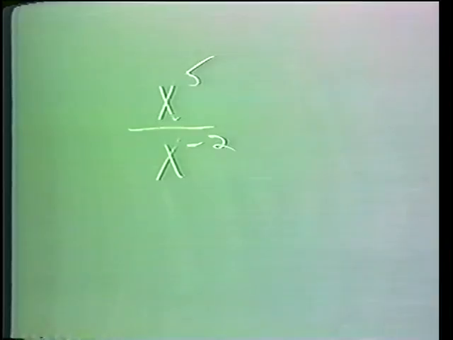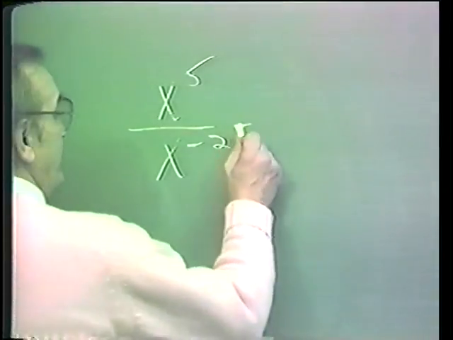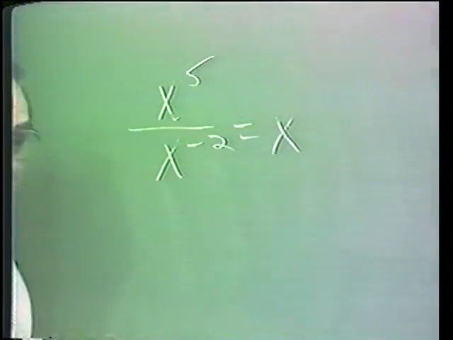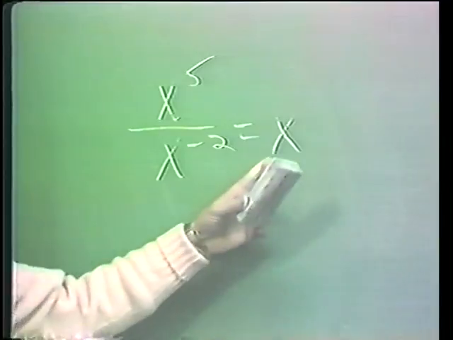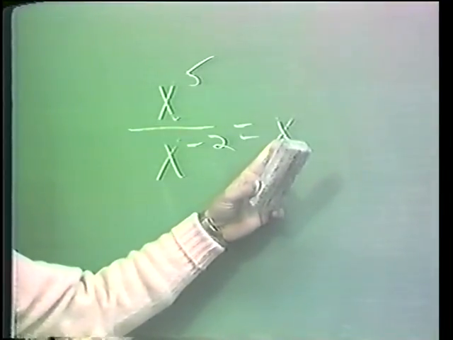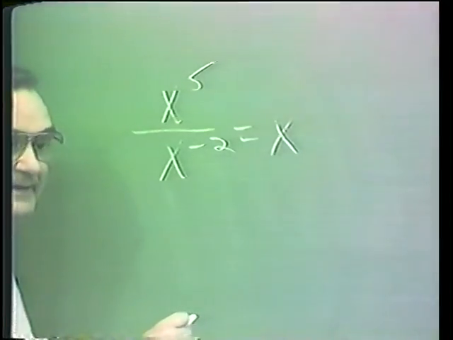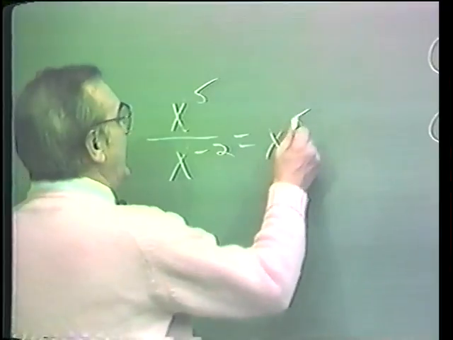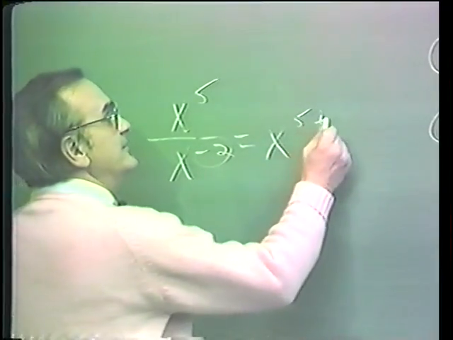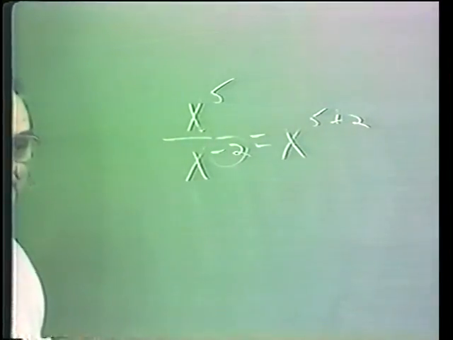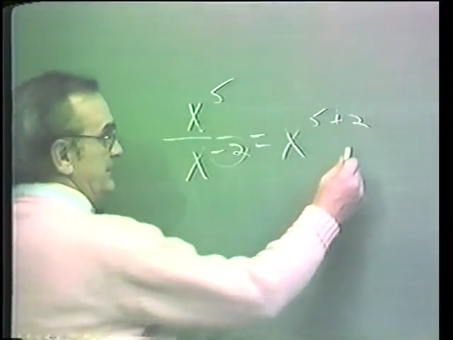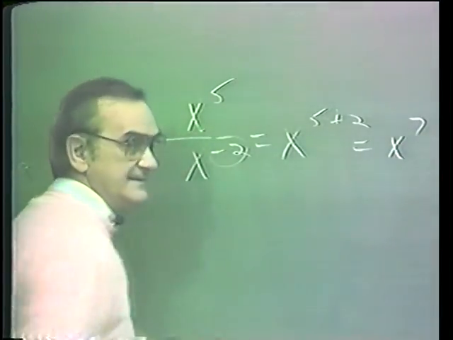X to the 7. Very good. X to the 7th. And again, we use Beebe's principle. We're not going to make careless mistakes. Anytime we divide like bases, different exponents, we keep the base. And what do we do with the exponents? We subtract. The word subtract means add the opposite. So we have a 5. The opposite of negative 2 becomes a positive 2. So we have x to the 7.